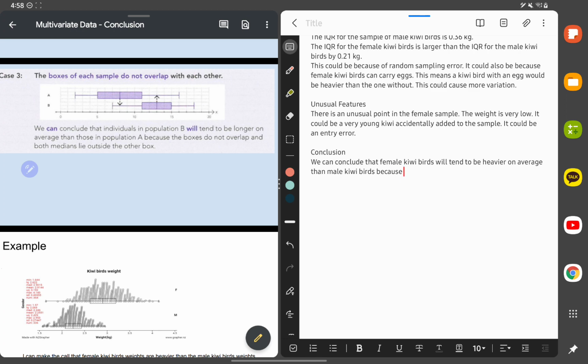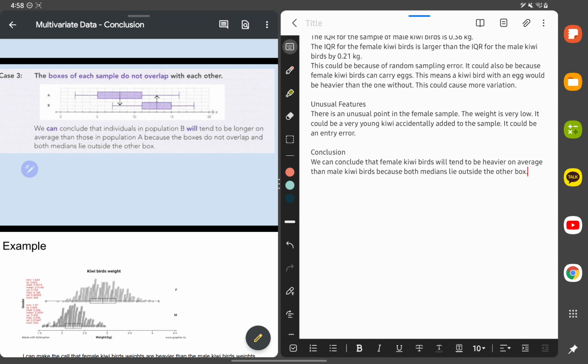Because, and then I said, let's forget about the boxes overlapping or not overlapping. Let's leave that. I'm going to skip to because both medians lie outside the other box.